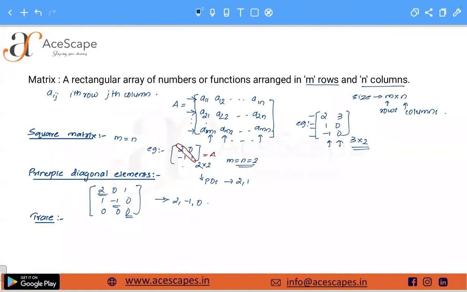Another term we have to know is the trace of a matrix. The trace of a matrix means the sum of the principal diagonal elements. Suppose this is a matrix A. Can you tell me the trace of A?